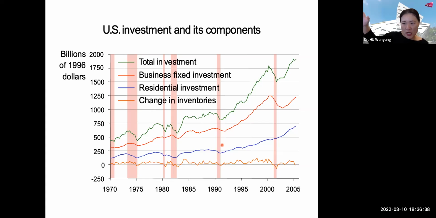Both of these two types of investment are major components of the total investment in the United States. This is just to give you an idea of what these two types of investment are, and how important they are to the total investment in the economy.